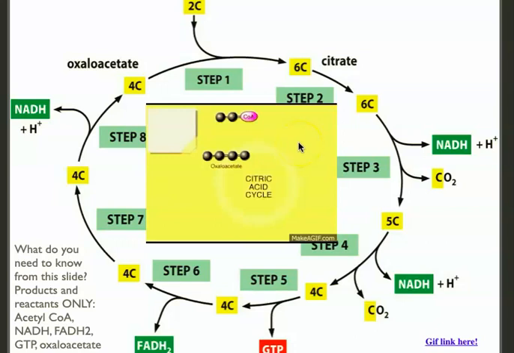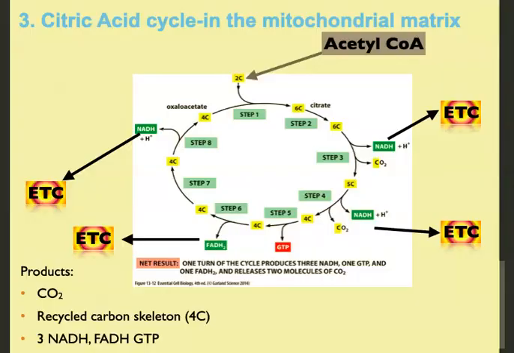And so we have 2 molecules going through pyruvate processing, and we have 2 molecules going through the TCA, Krebs, whatever you want to call it. And here I just have depicted that all of these NADH and FADH2 molecules are going to go to the electron transport chain.